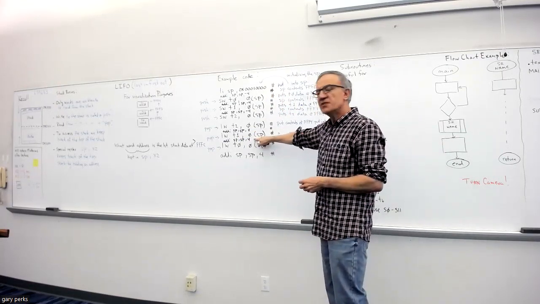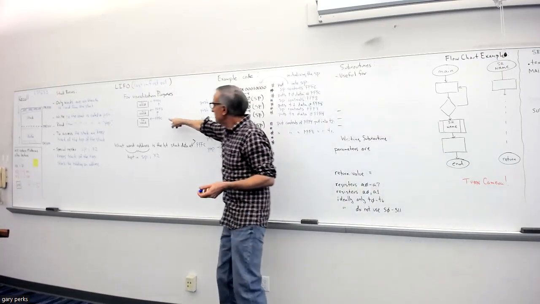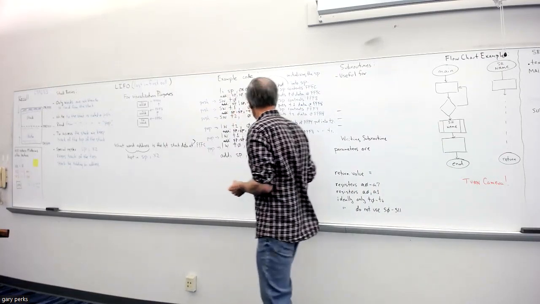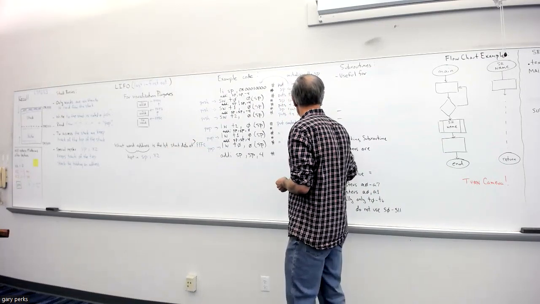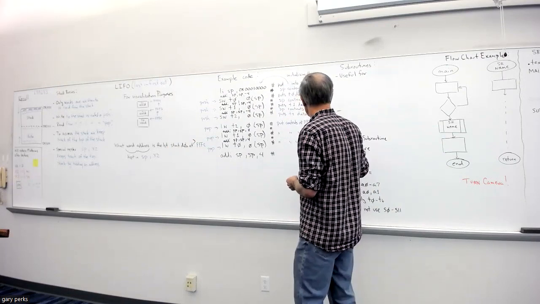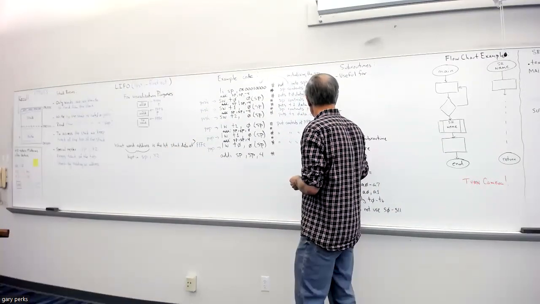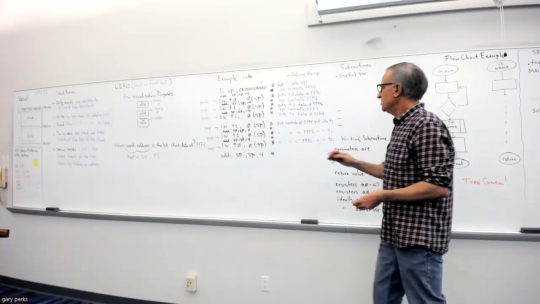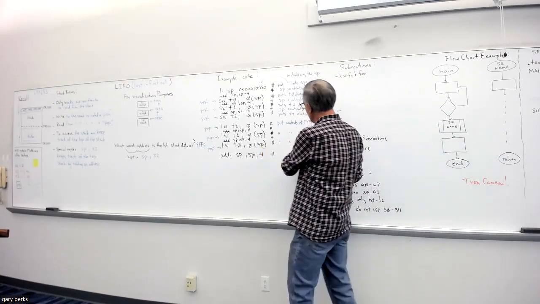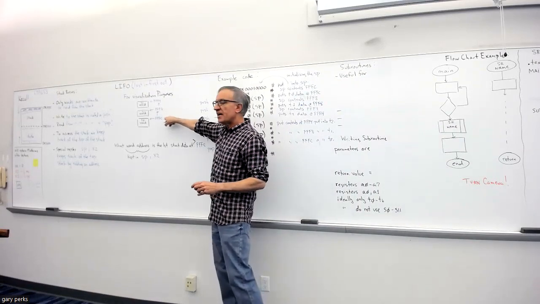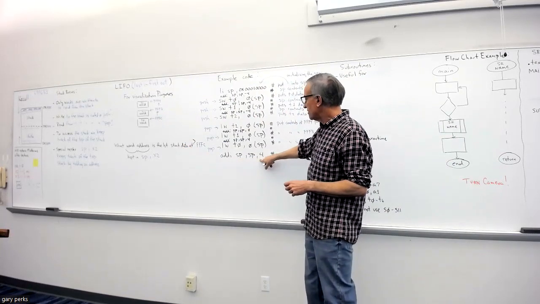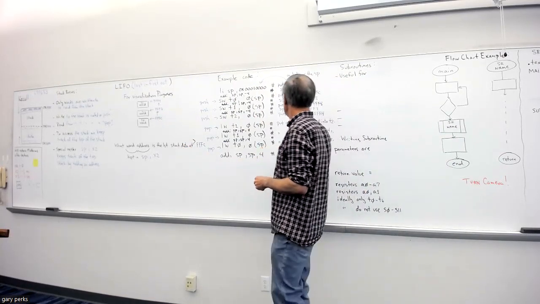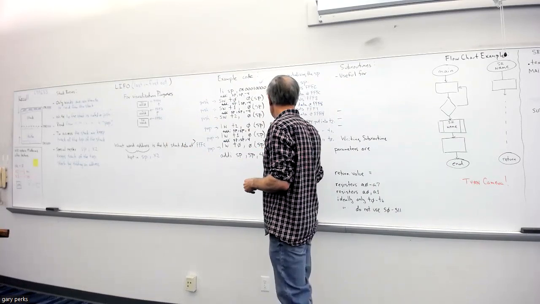Then I just move the stack pointer another 4 to get it back to this address, and that's going to put the contents of FC into T0. So when I'm done with this instruction, my stack pointer is at this word address of T0. The last thing I would do is add another 4 to put my stack pointer back to the initial value. So here the stack pointer goes back to the initial value.